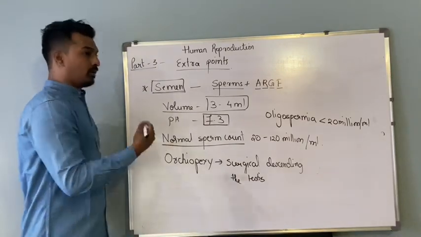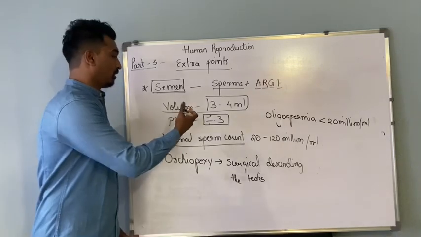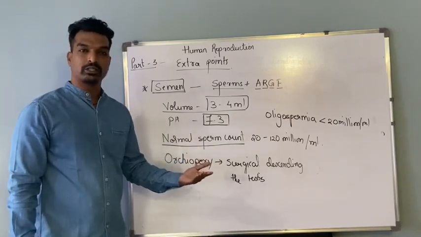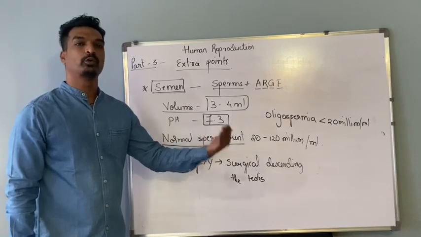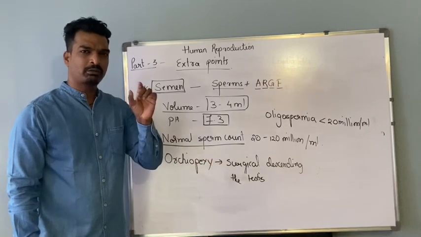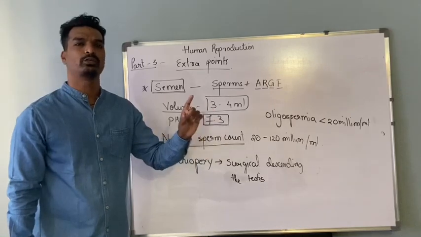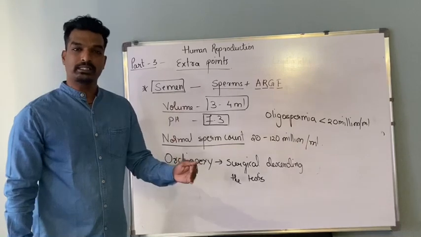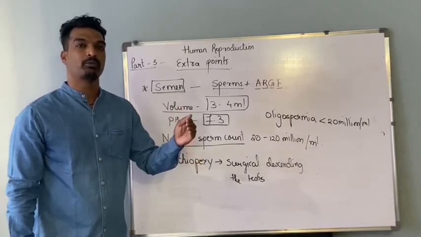Now during coitus, there is 3 to 4 ml of semen, so with 20 million per ml, that makes around 120 million, and overall it goes up to 200 to 300 million sperms. So just remember this number: 200 to 300 million sperms are released during coitus, out of which 60% should be properly shaped and properly developed.